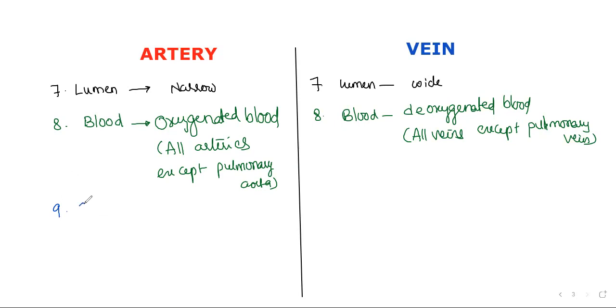Next, color of the blood. Actually, in color, what I mean, you learned in breathing and exchange of gases. If the blood is oxygenated, the color is going to be bright red.